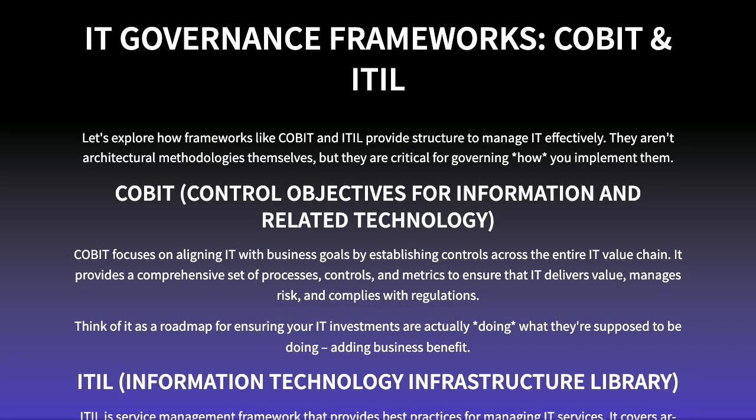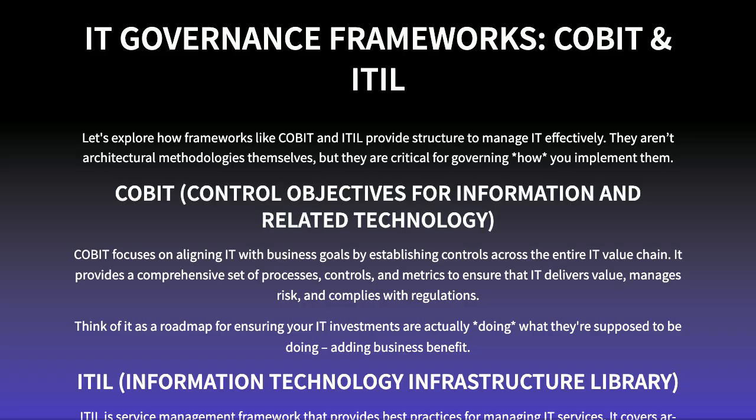Okay, let's talk about governing our IT, and we can't do that without frameworks. Today, we're diving into COBIT and ITIL. COBIT is all about aligning your IT with what your business actually needs, making sure everything you're building and doing delivers value and stays within the rules. It's like a control checklist for your entire IT landscape.